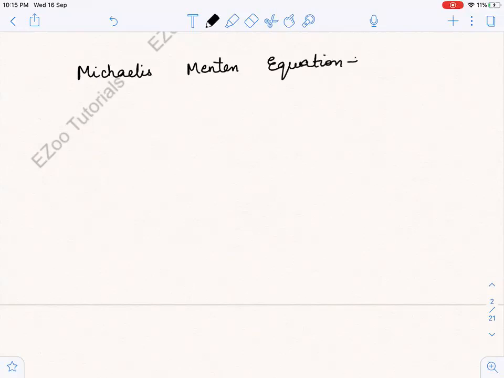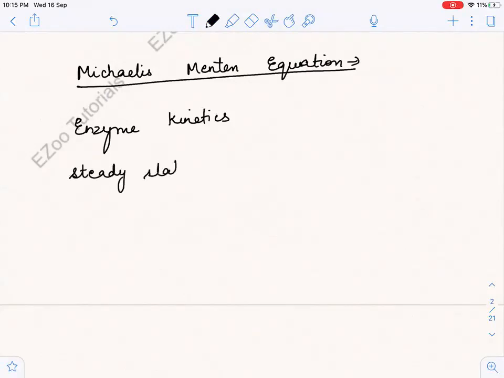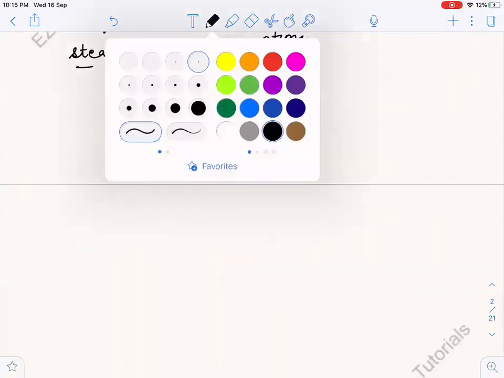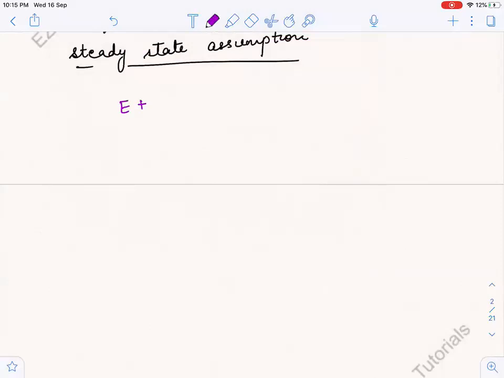Okay, so the first thing that we should know in this is enzyme kinetics. What is enzyme kinetics and what is the steady state assumption? Both of these are very important. Steady state assumption, this is very important. So the steady state assumption says that enzyme plus substrate gives enzyme substrate complex, which gives enzyme plus product.